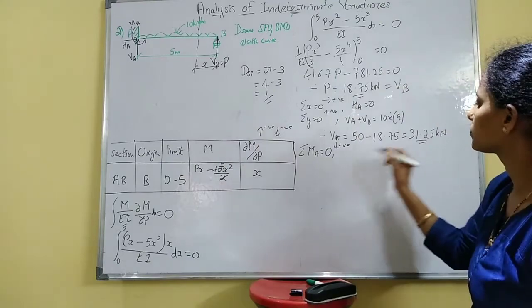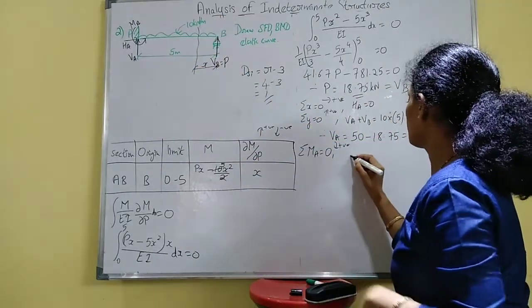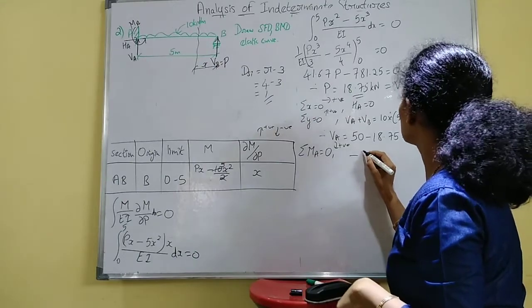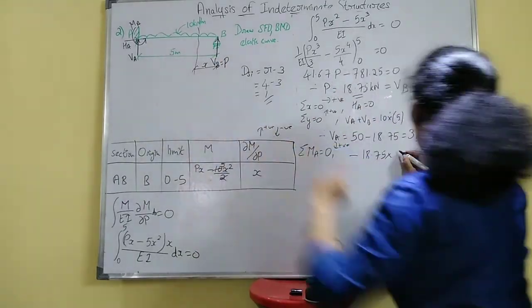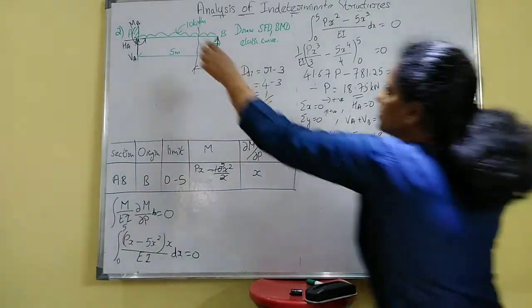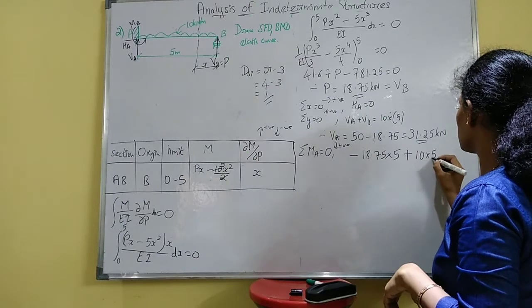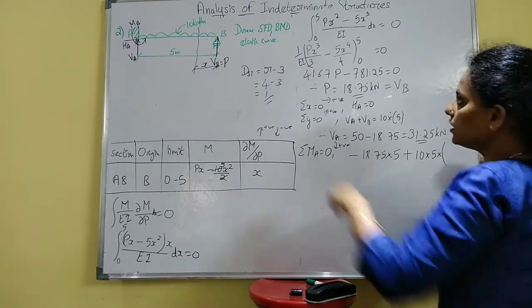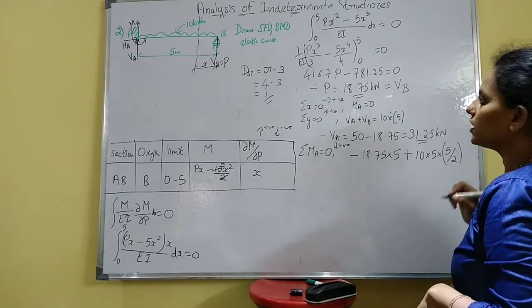Next, moment at A is equal to 0, clockwise as positive. So you have here, this is anti-clockwise, minus VB. VB is 18.75 into distance is 5. Then this is clockwise UDL, so 10 into 5 is a conversion. Then distance is 5 by 2, half of the distance.